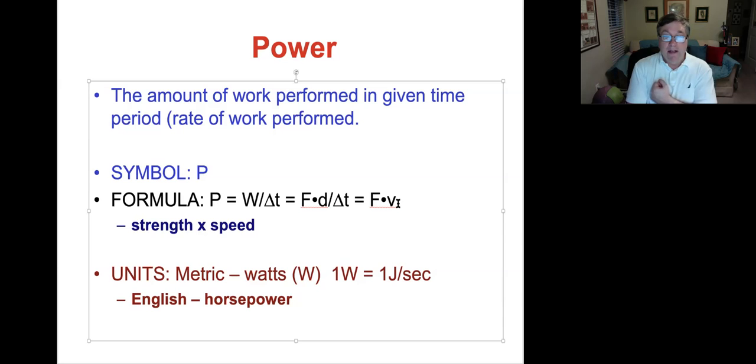So that means it's related to sports or events like the shot put, jumping, anything involved jumping, really, whether it's basketball or whether it's volleyball, whether it's doing the high jump or long jump, those are all incredibly important. So work rate. The units are watts, and that's 1 joule of work performed per second. In the English system, it's horsepower.